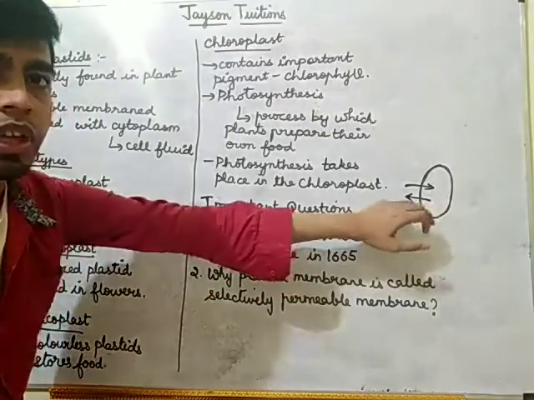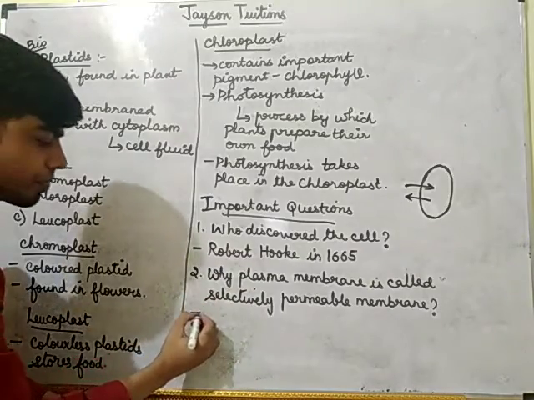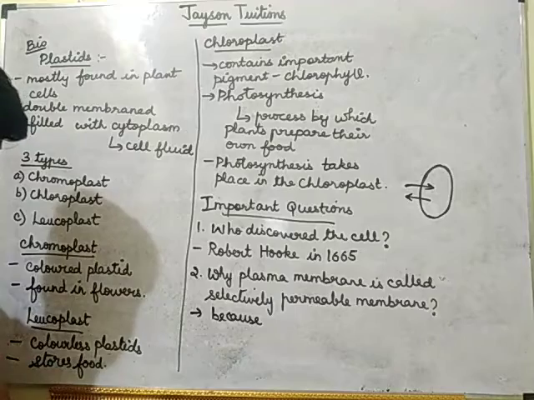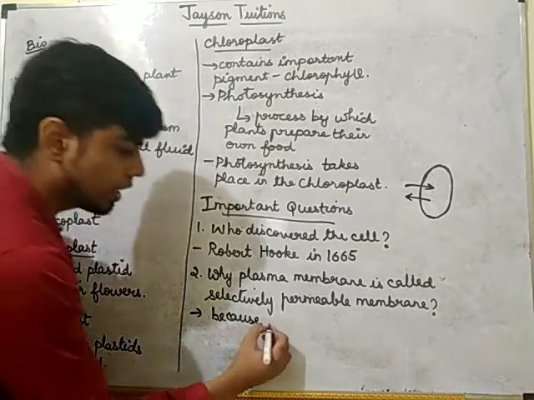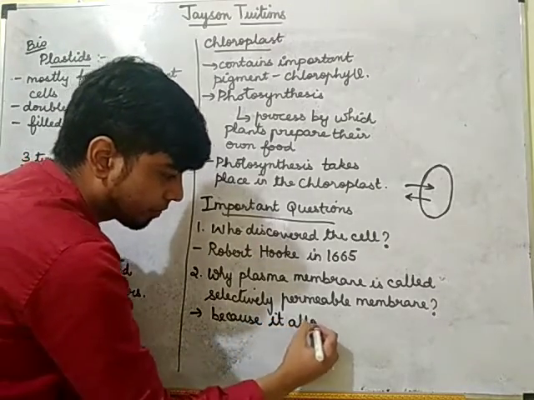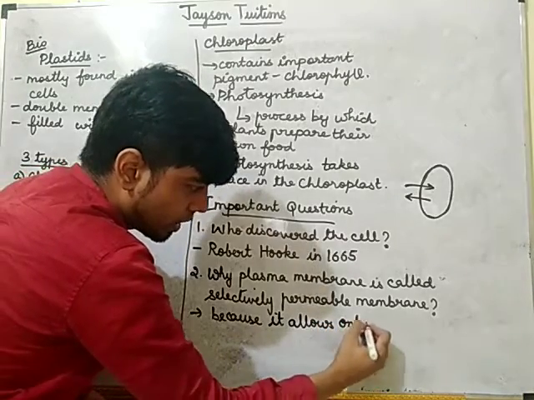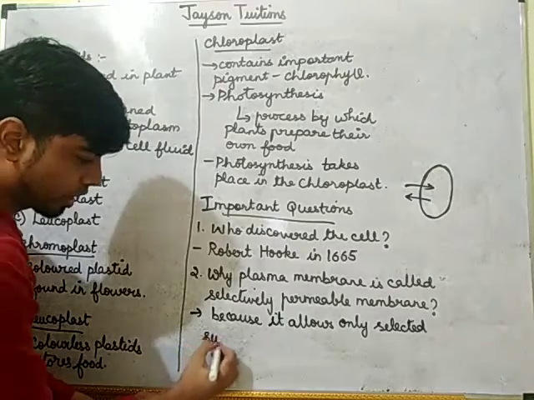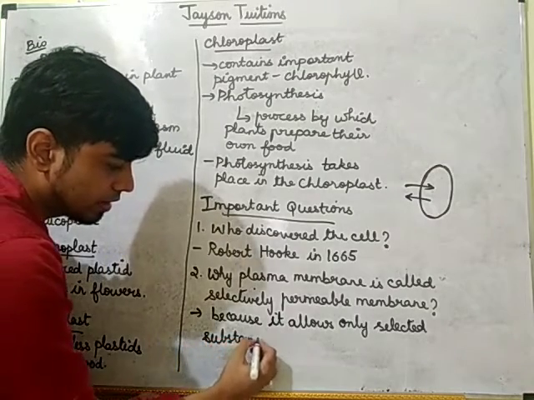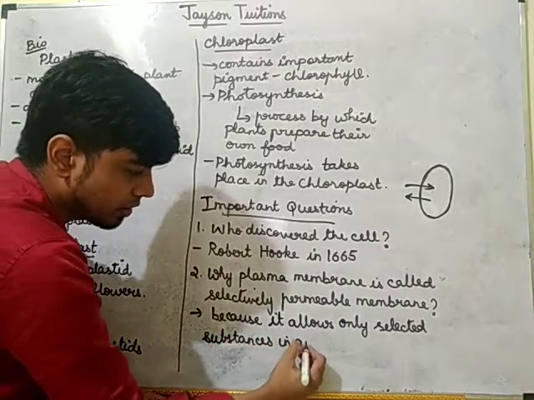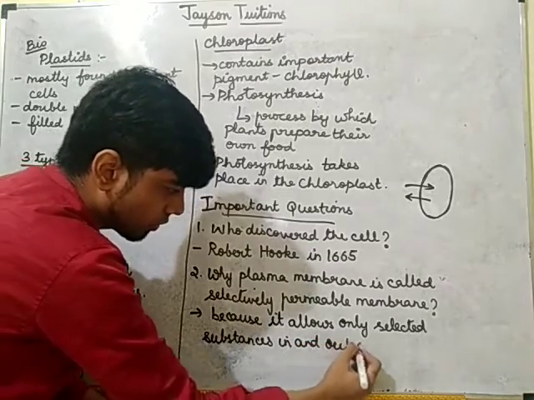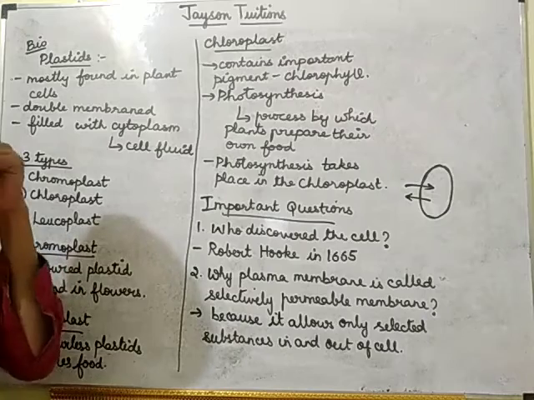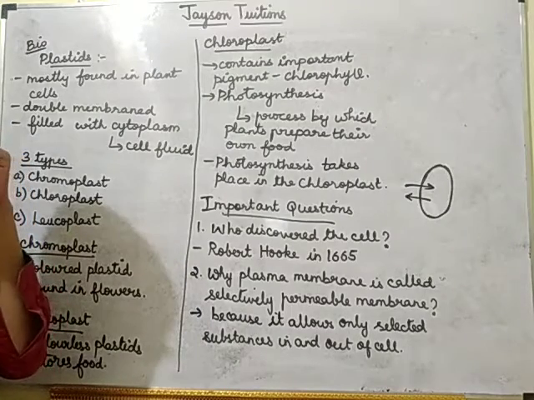It is called selectively permeable because it allows only selected substances in and out of the cell.